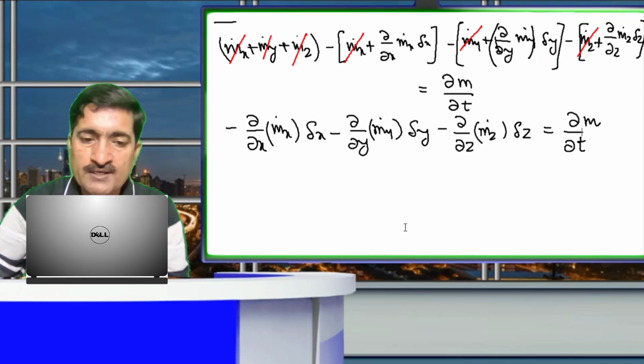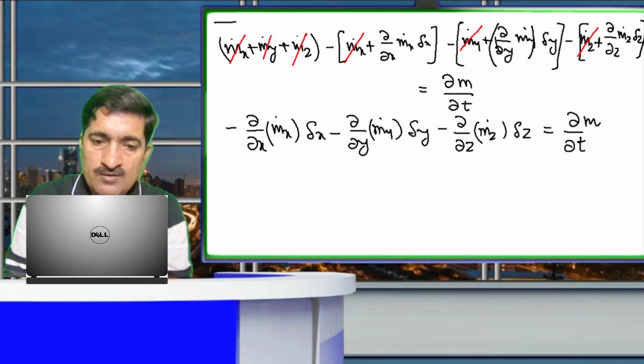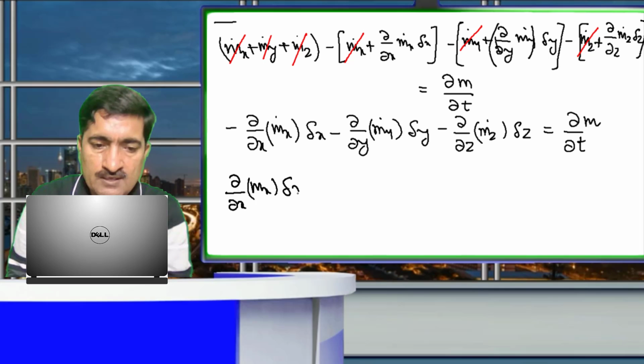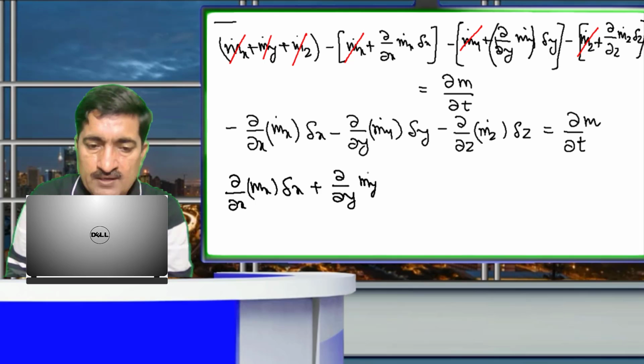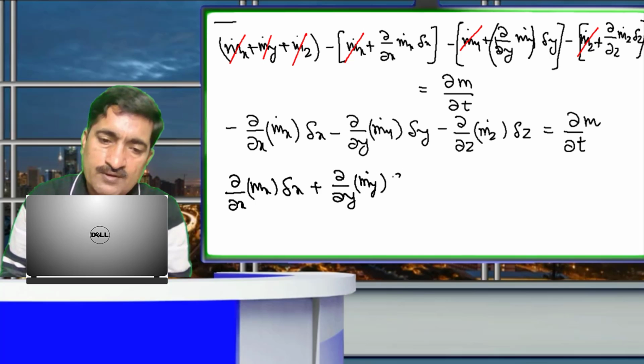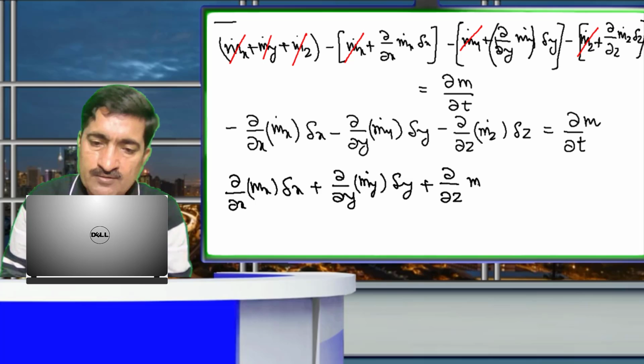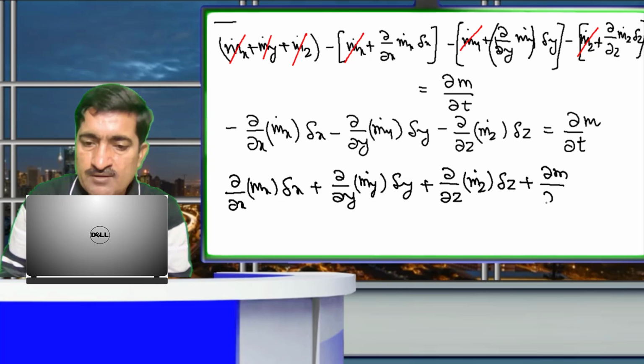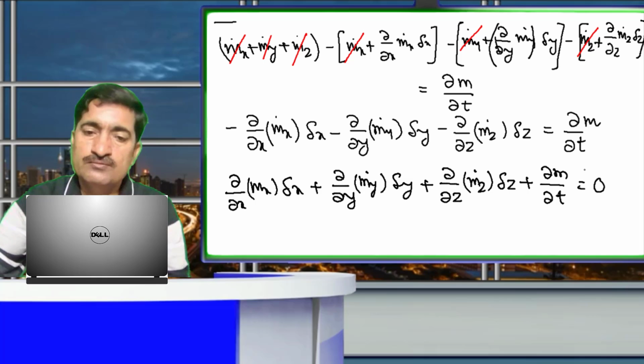Now taking the mass flow entering to one side, we can write del by del x of mx delta x plus del by del y of my delta y plus del by del z of mz delta z plus del m by del t equal to 0.